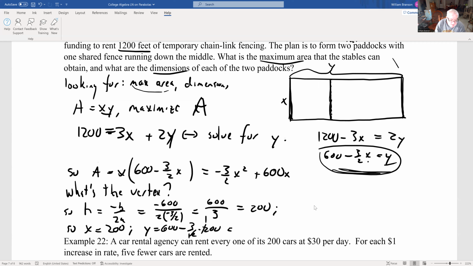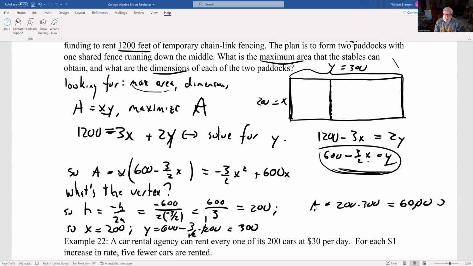So we have 600 minus 300, and that equals 300. So x is 200, y is 300. Maximum area is 200 times 300, which is 6 followed by 4 zeros. 60,000 square feet total.